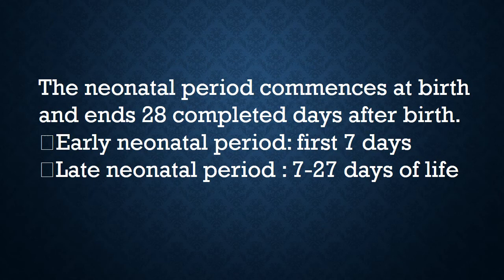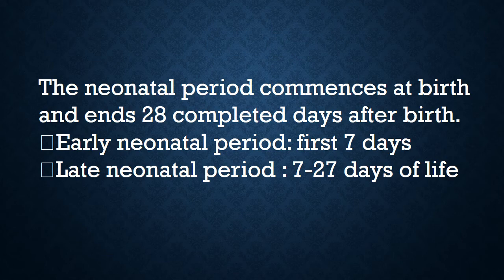Okay, the neonatal period commences at birth and ends 28 completed days after birth. So it's divided into the early neonatal period and the late neonatal period. The early is the first 7 days of life, and the late is from 7 to 27 days of life.